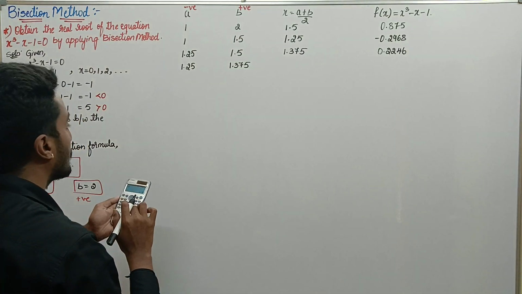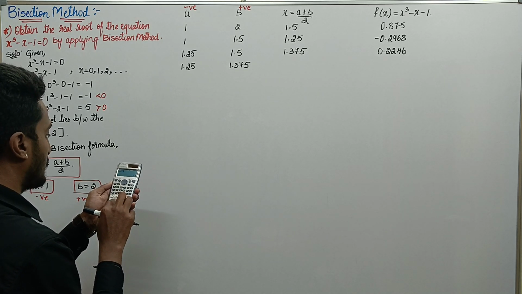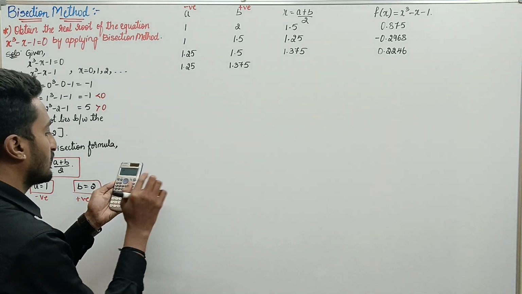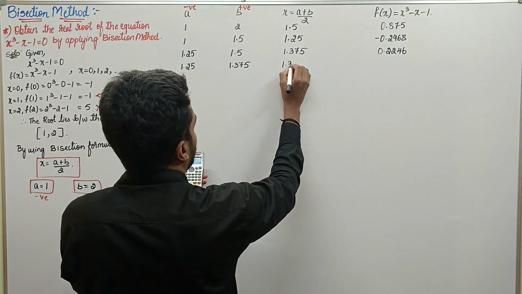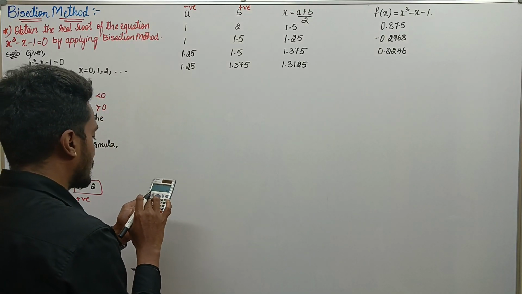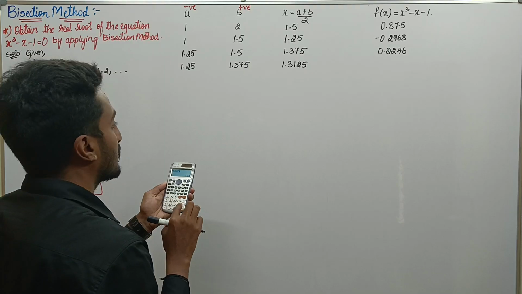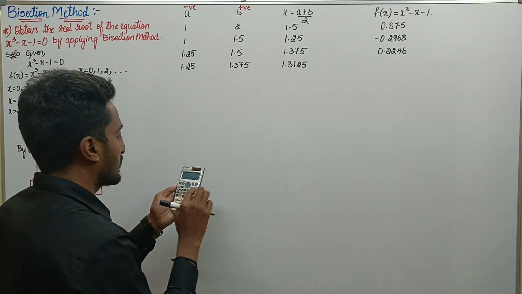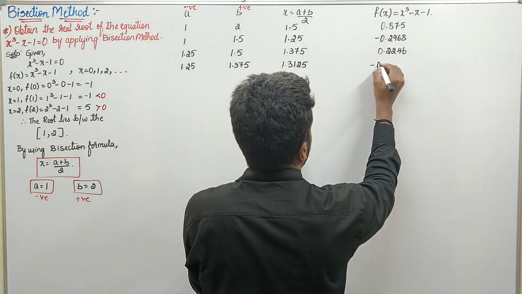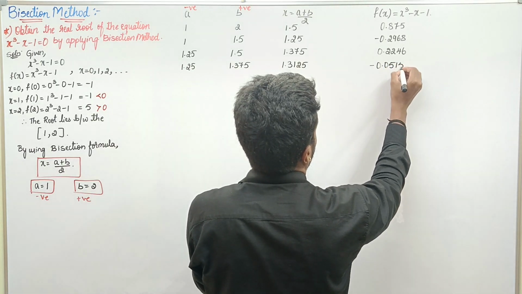Press calc, value 1.25, 1.375. You get 1.3125. Now function value 1.3125 equals, you get minus 0.0515.